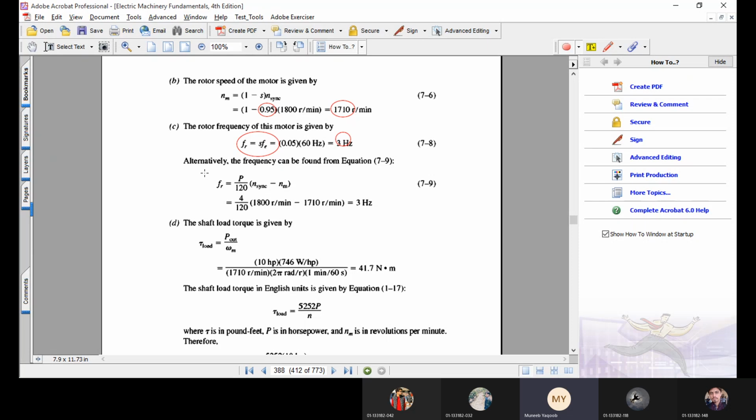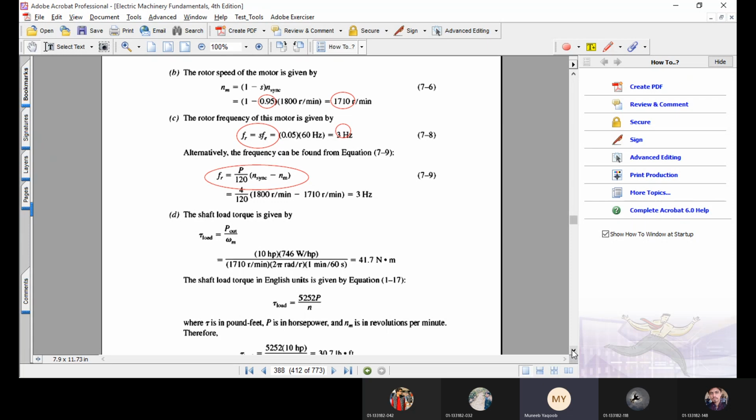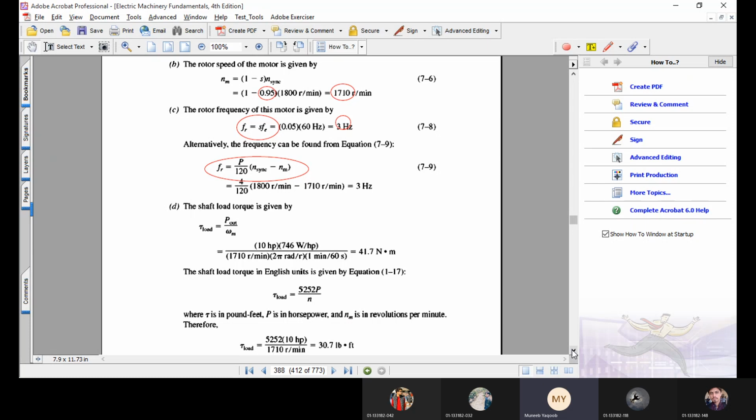The alternate formula for the rotor's frequency was P divided by 120 multiplied by the slip speed. So 4 divided by 120 multiplied by 1800 minus 1710 will give you the same answer. Either you can use equation 7.8 or equation 7.9, but in any case you will get the same result.